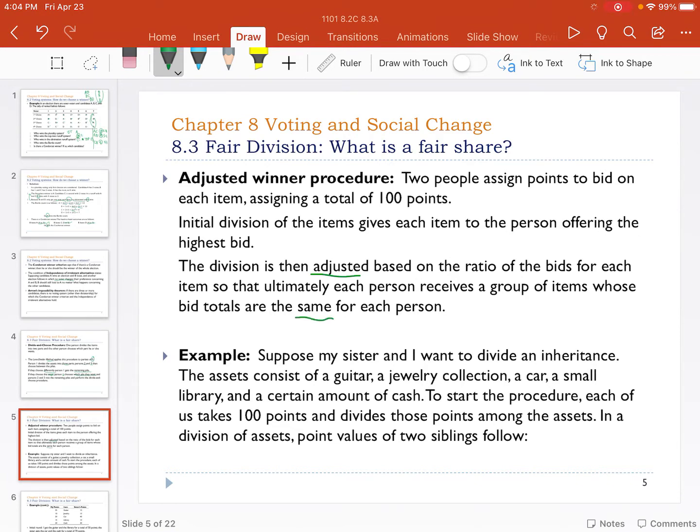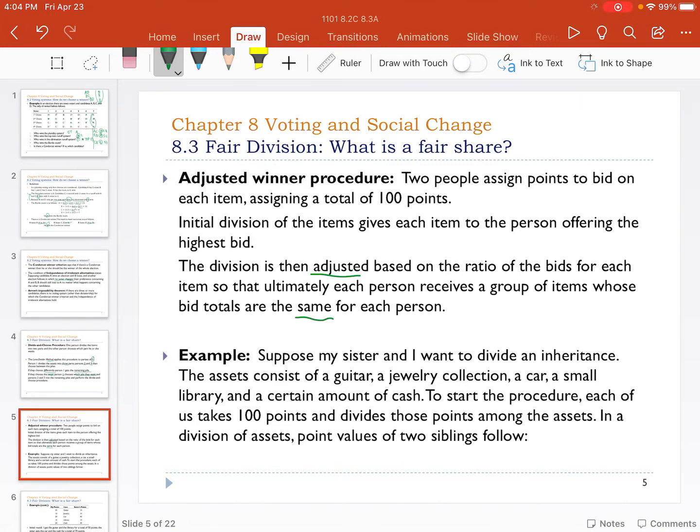So each person eventually will receive a group of items whose bid totals are the same for each person, and this nearly always involves dividing up something at the end. In some cases, it may not be very easily divisible, but at least in the examples they've given, it can be divisible, but we'll get into that detail later.